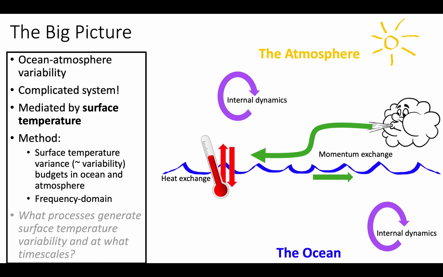And I'll be looking in both fluids in the frequency domain. And the frequency domain allows me to look at the different timescales of variability, because these processes depend heavily on different timescales, whether it's minutes or decades, or anywhere on that spectrum. So my main question is, what are the processes that generate surface temperature variability and at what timescales?